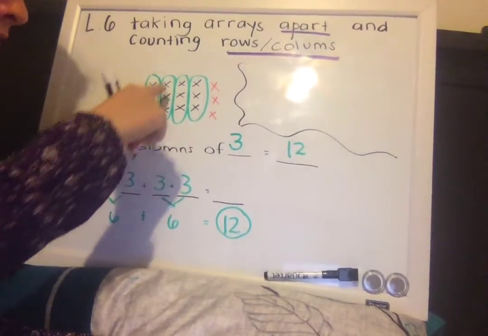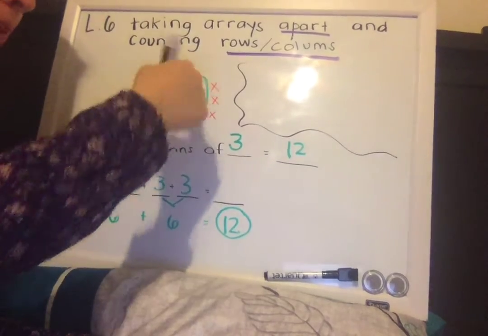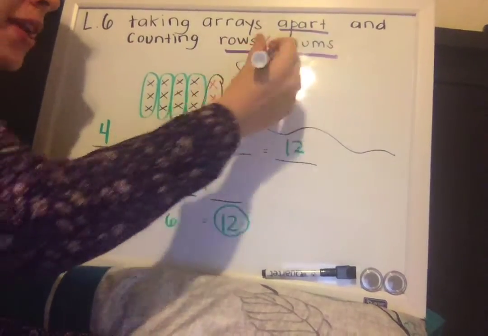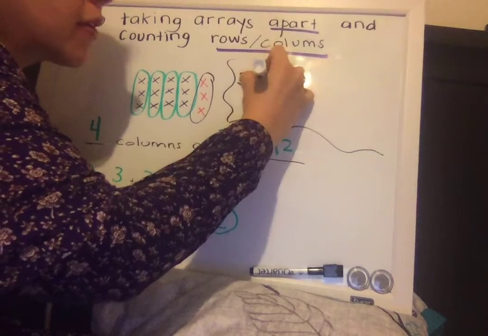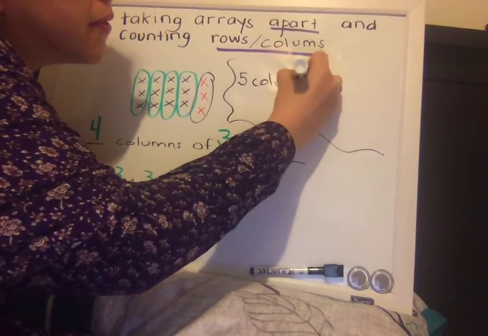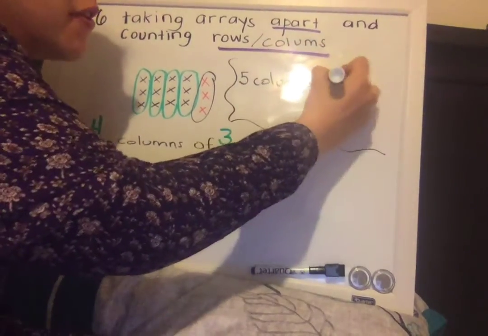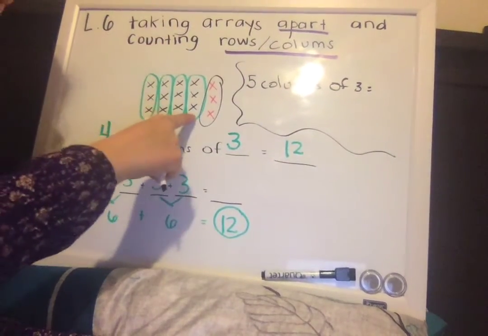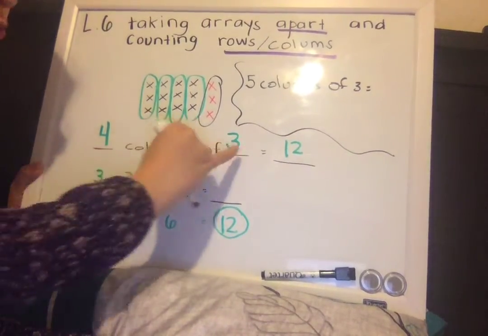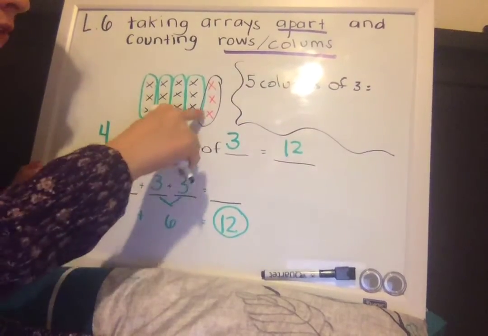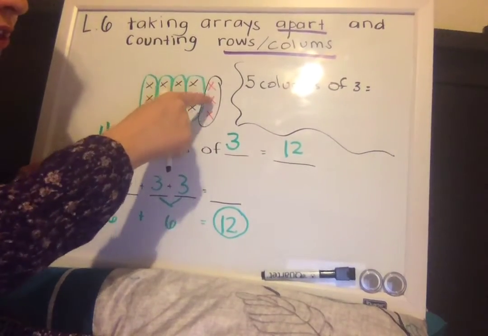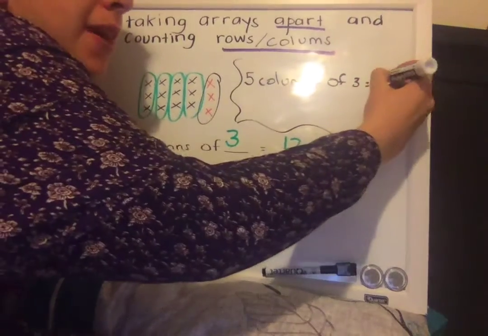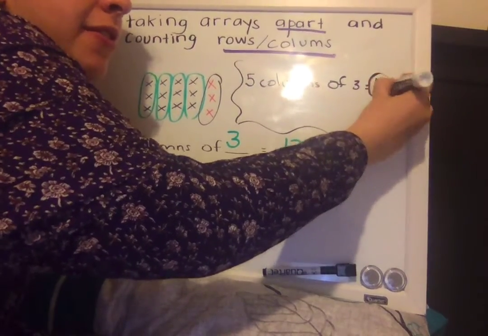Now I have 1, 2, 3, 4, plus the 5th one that I just made. So there are 5 columns of still 3 X's. And I know that all the black ones that they gave me were 12, so I'm just going to count on from the 12, 13, 14, 15. Guess what? This is now 15.